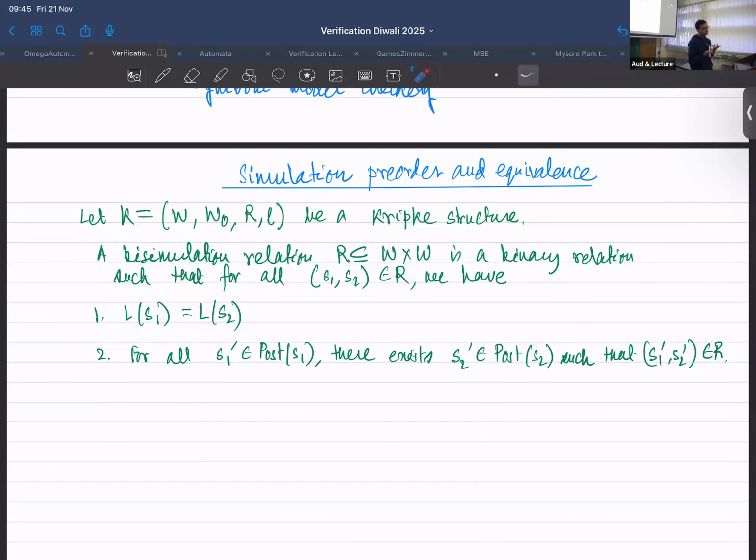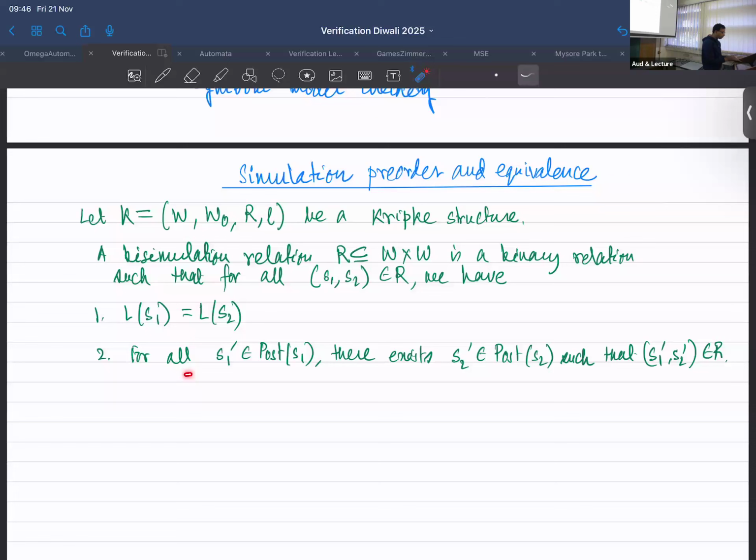Now, when you have the simulation thing, you can also immediately see that in terms of the traces, what kind of relation would you get? The trace of S1 is a subset of the trace of S2. It may be possible that S2 can do something more which S1 may not be able to do, right?